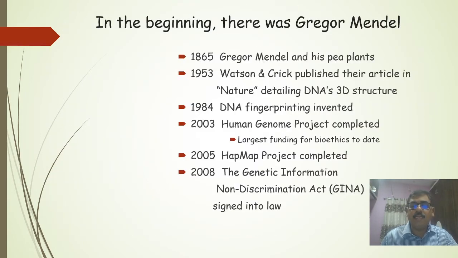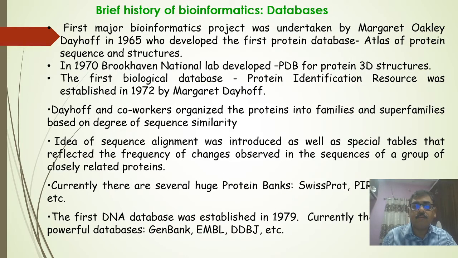In 1984, DNA fingerprinting was invented. In 2003, the Human Genome Project was completed, which was the largest funding for bioethics to date. Then in 2005, the HapMap project was completed, and in 2008, the Genetic Information Non-Discrimination Act (GINA) was signed into law.